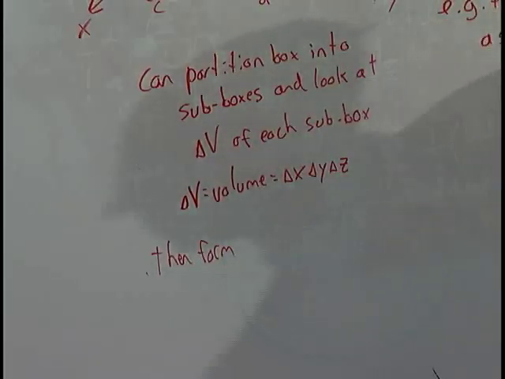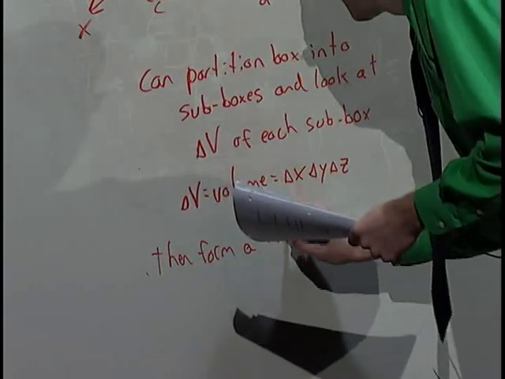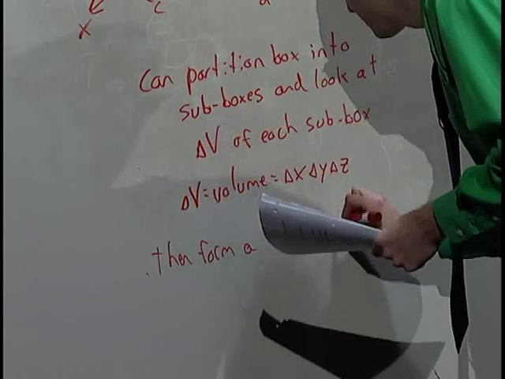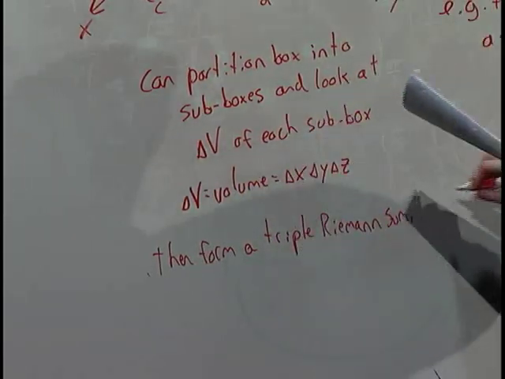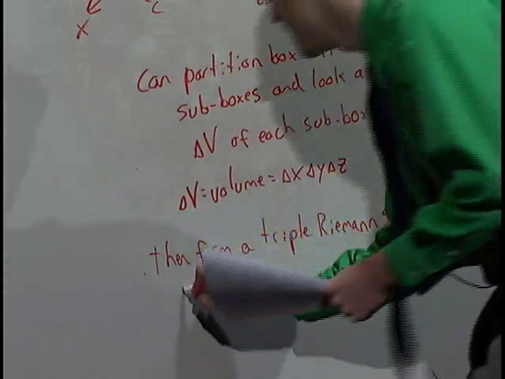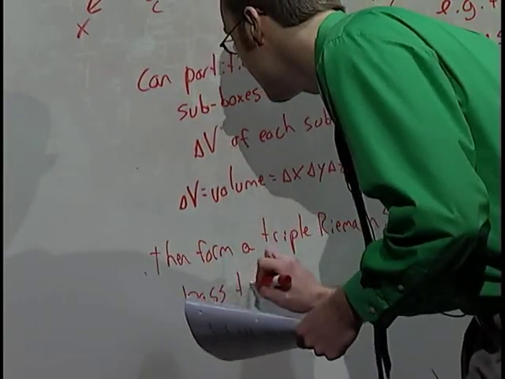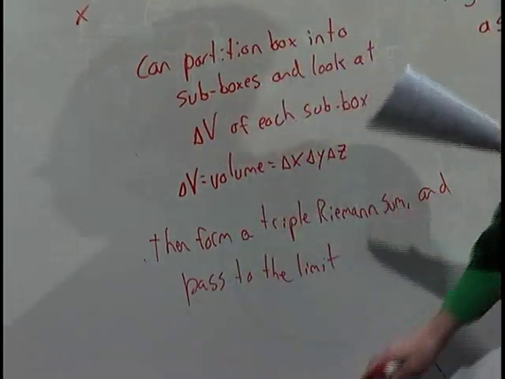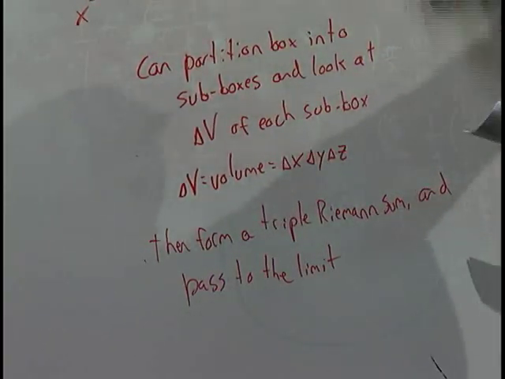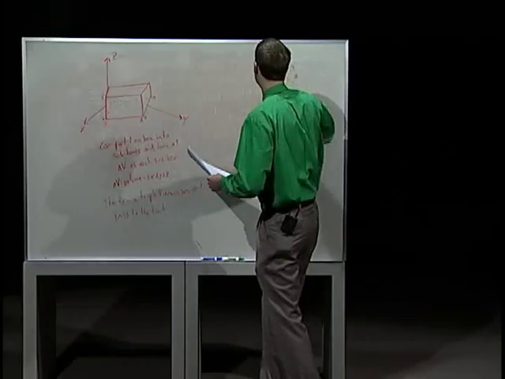It's the same idea. So you form a triple Riemann sum, and then you pass to the limit, right? And you get the following thing.